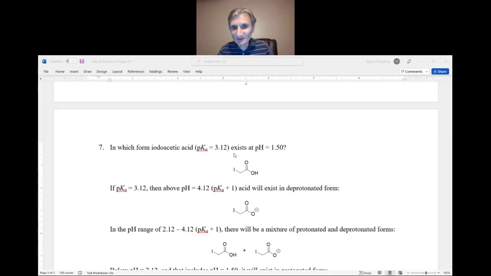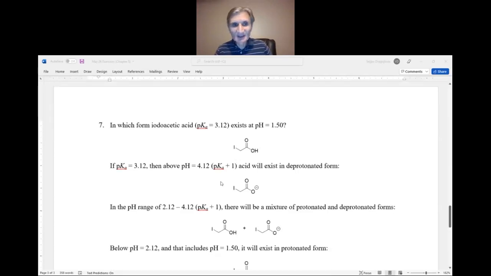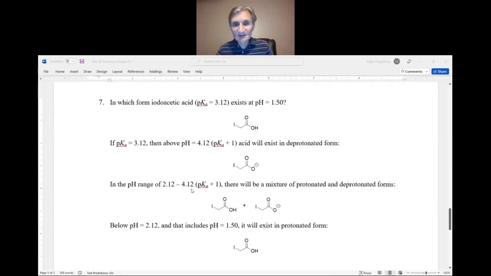And this is the formula of iodoacetic acid. So if pKa is 3.12, then above pH of 4.12, pKa plus 1, the acid will exist in deprotonated form. So you look for the acidic proton, that's the one. Deprotonated, that's the acid in deprotonated form.